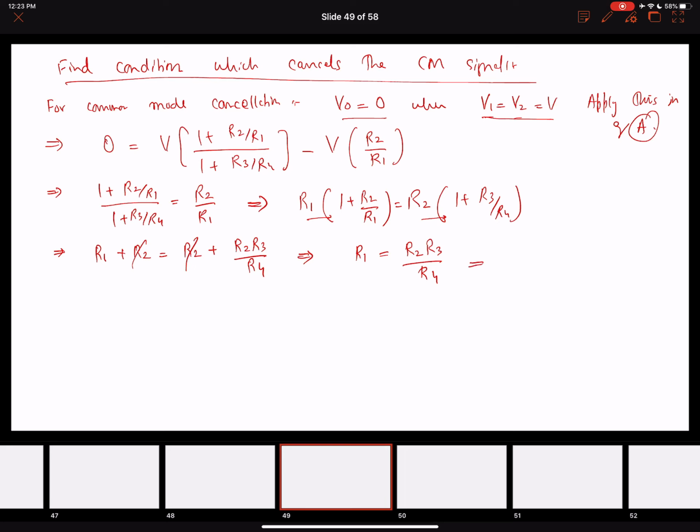Right, so from here we can see that R4 over R3 can be equal to R2 over R1. Alright, so this is the condition.